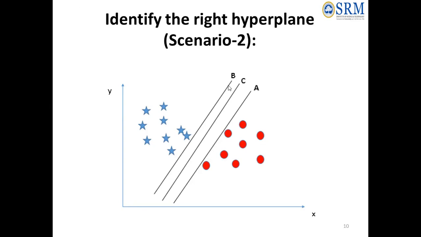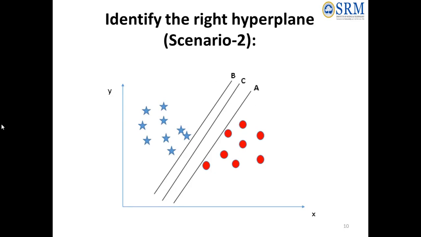B is a hyperplane which separates stars and balls separately. But as per the concept, we cannot consider A and B, because we said the right hyperplane is a plane in which we have an equal margin.